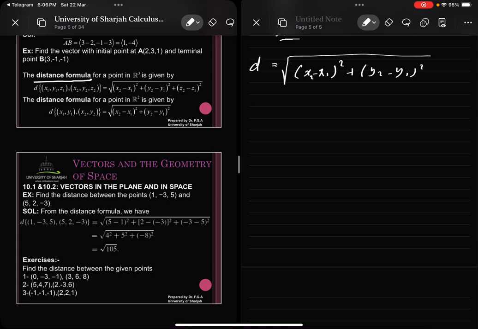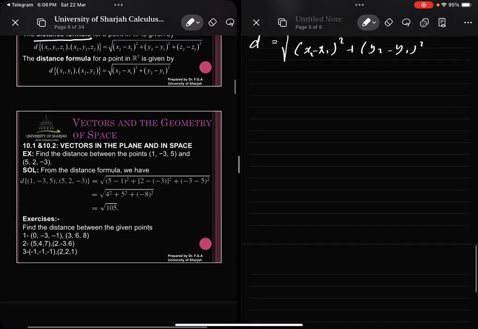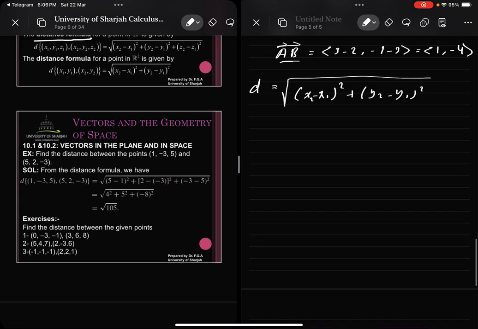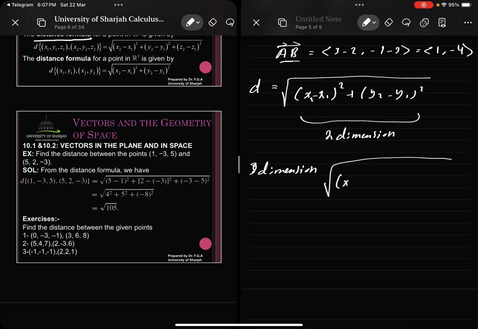This is for the distance in 2 dimensions, and if you have 3 dimensions, it will be the same thing, but we will have the z axis.